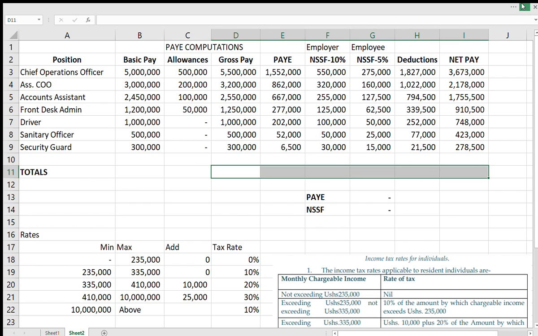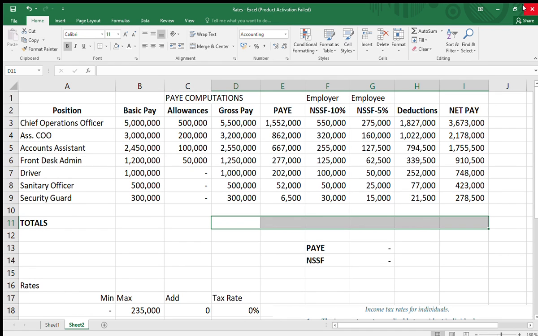Let me just unveil the top ribbon, to show the tabs and the commands. Good. So I've highlighted it there, then come and say sum, auto sum.